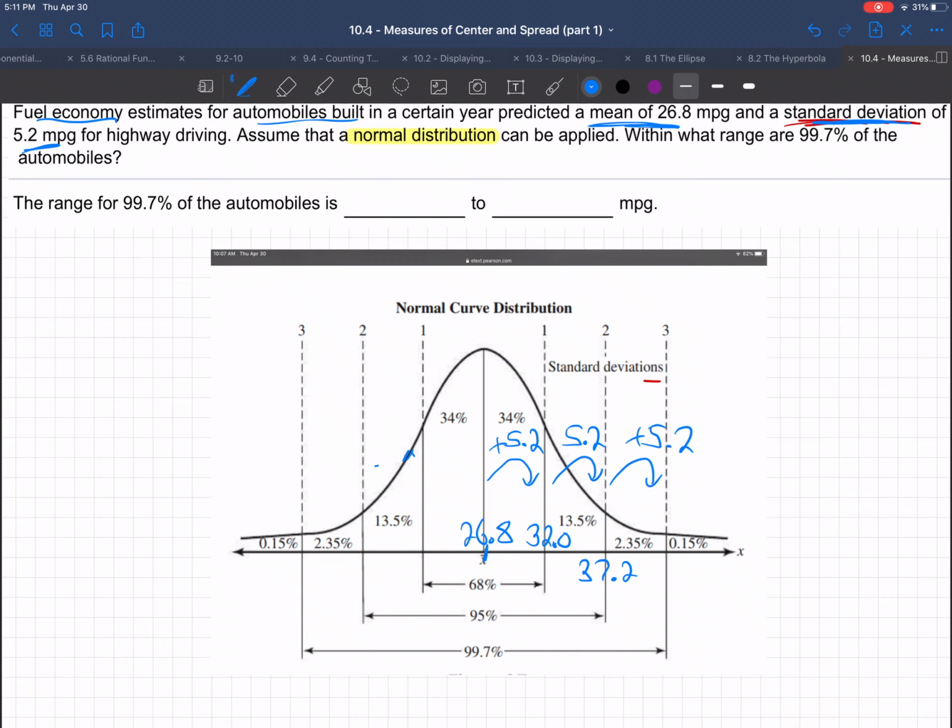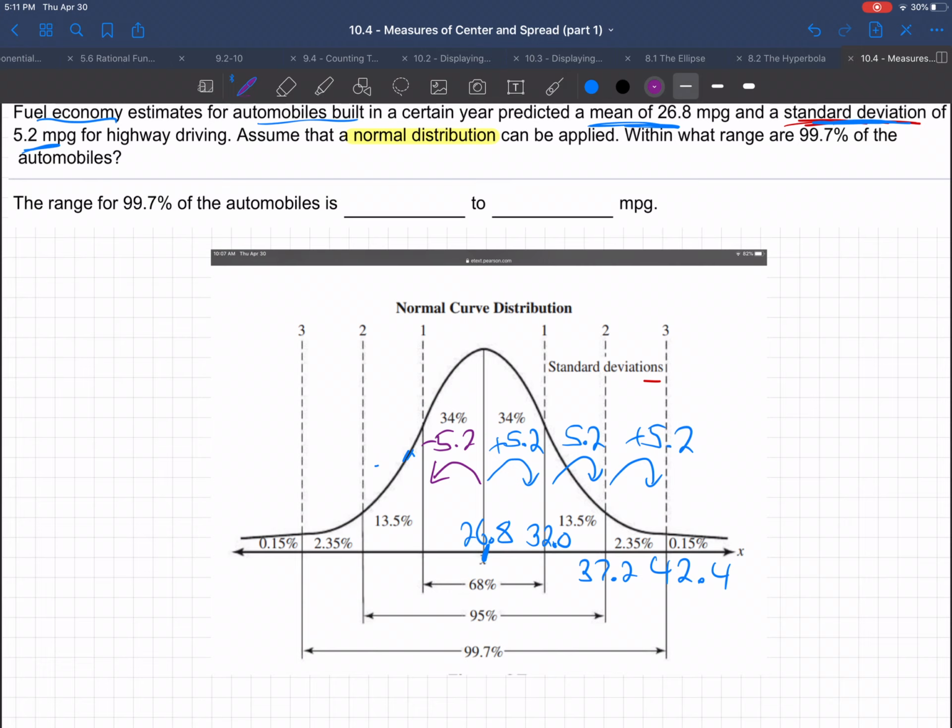It's like a number line, except it's got 26.8, the average, right in the middle, and then 5.2 again. What's that going to be? 42.4, I think. Yeah. All right. And now let's go down the other direction. So going for cars that get worse gas mileage than average, we'll go down by 5.2.